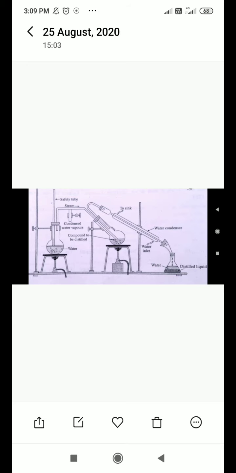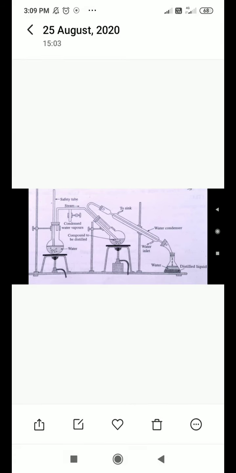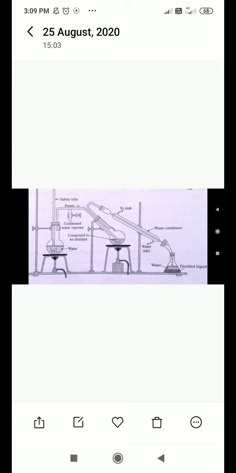After passing steam into that RBF, the mixture also produces vapors. Applying steam helps to produce more vapors. Then, how do we separate compound A from compound B?